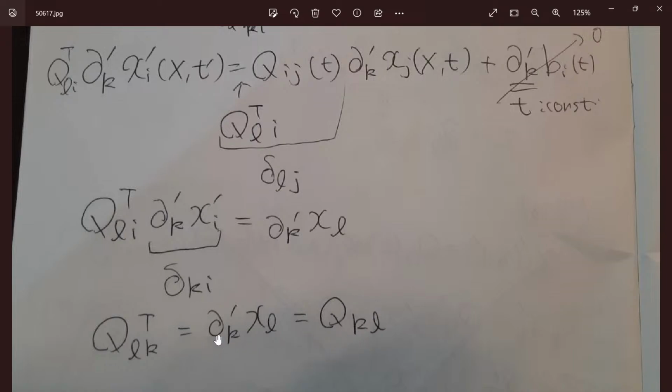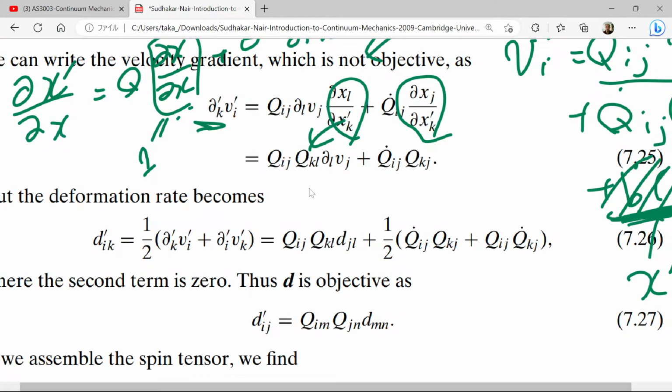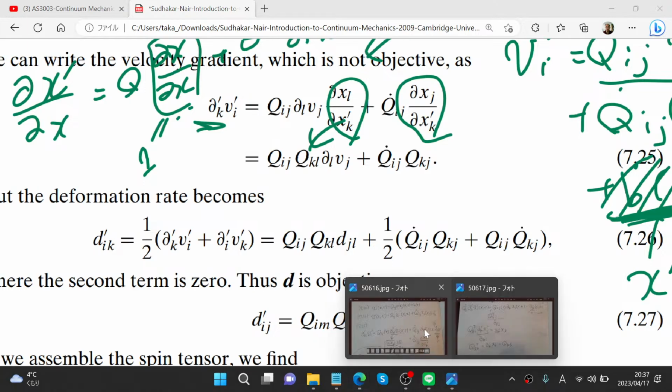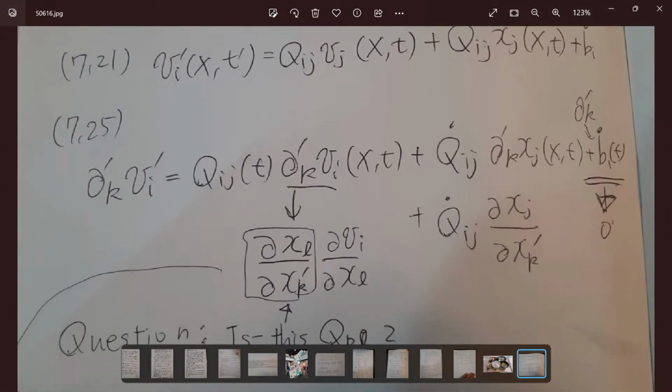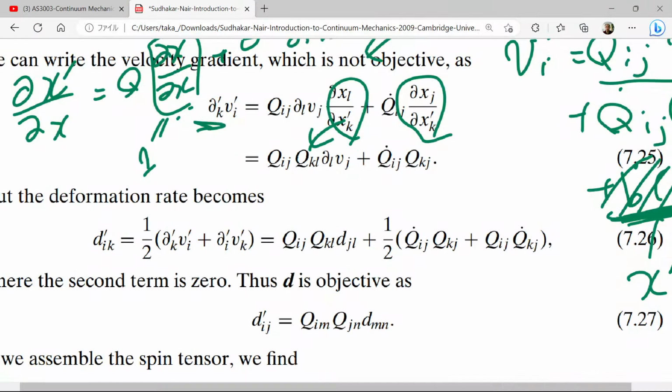So we obtain this relation: partial k prime over partial x_l is q_kl. So this one, partial x_l of x_k prime, becomes q_kl.